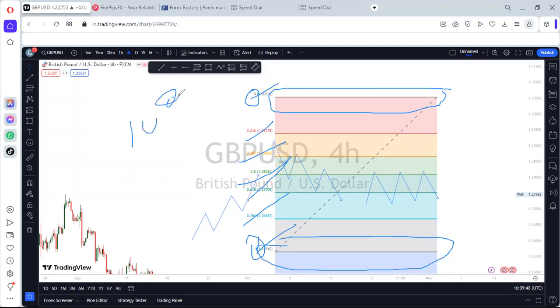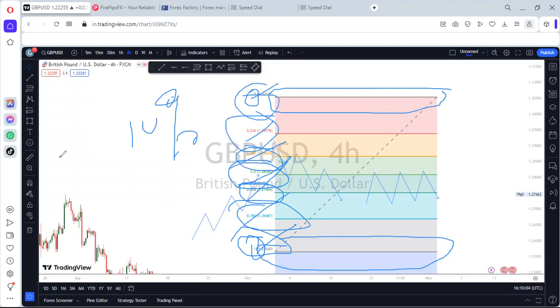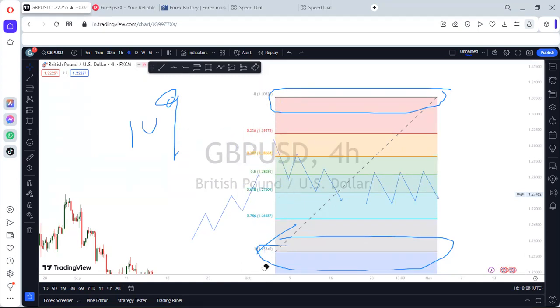They are in percent, you can call them in percentage. This is the 10% up here, and this is just zero. This place is where we start from.